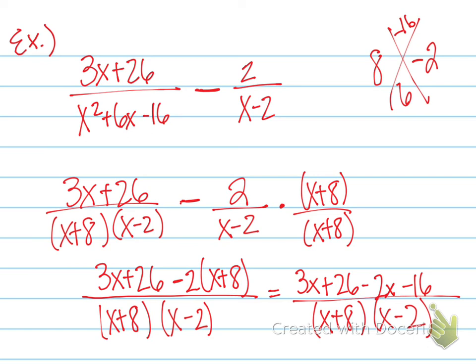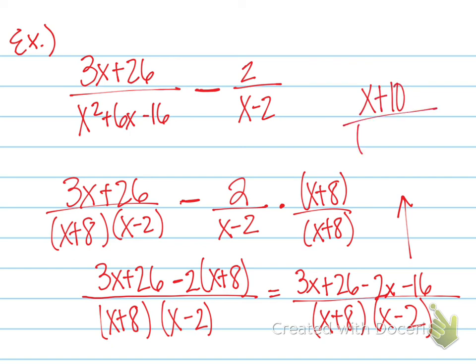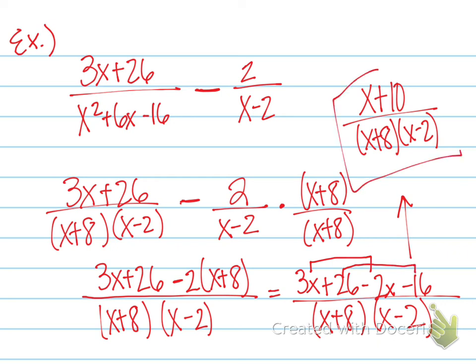If I keep going, which I must do, I'm moving up here. So I have an x plus 10 over x plus 8 and x minus 2. And that x plus 10 comes from this 3x minus 2x and this 26 minus 16. So this is my answer. Okay?